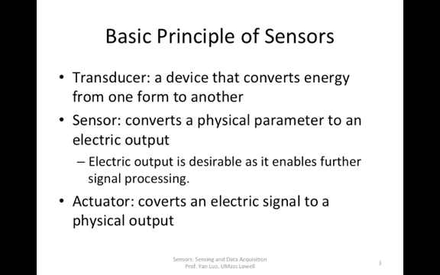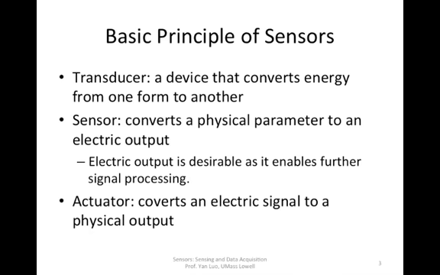It is because it's easier for us to process electric output as a signal. We have a number of tools or methods to further process this electric signal. That's why we want this sensor. We want this sensor to convert the energy from certain physical property to electric output.